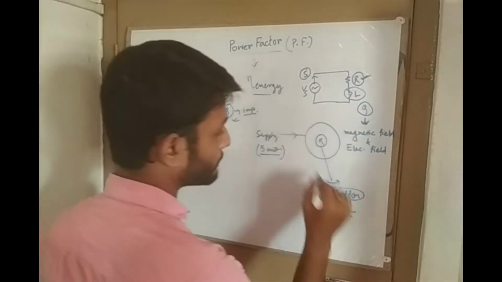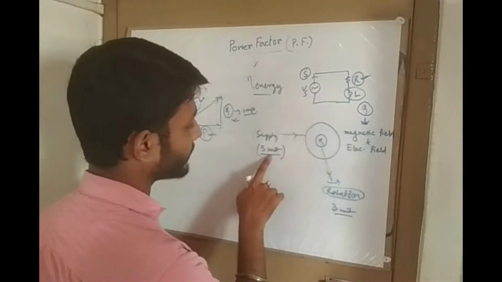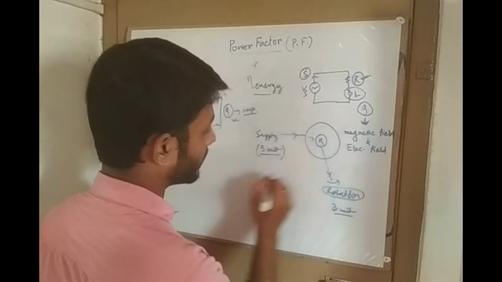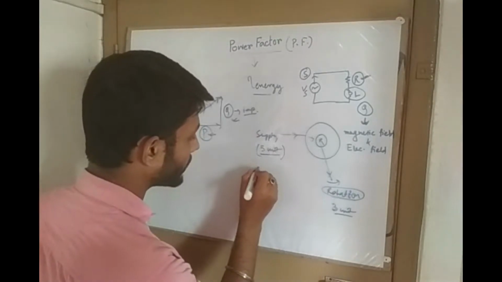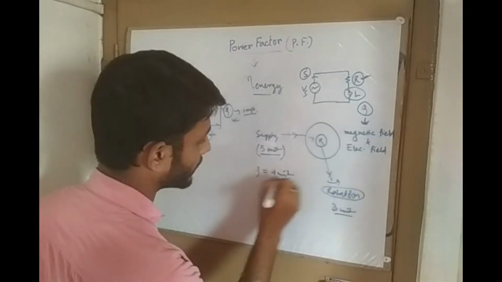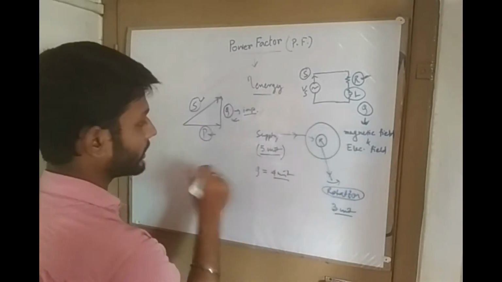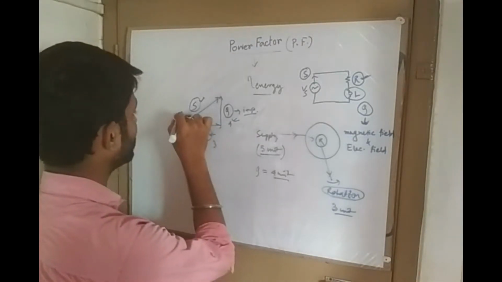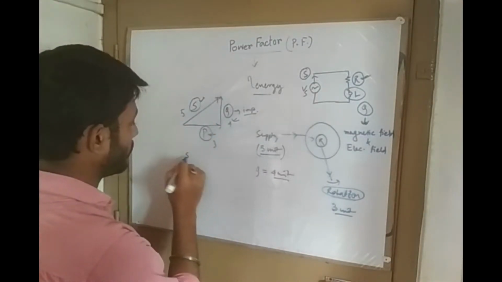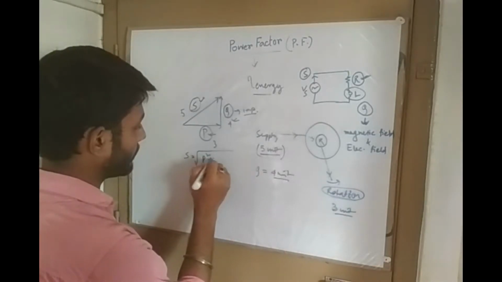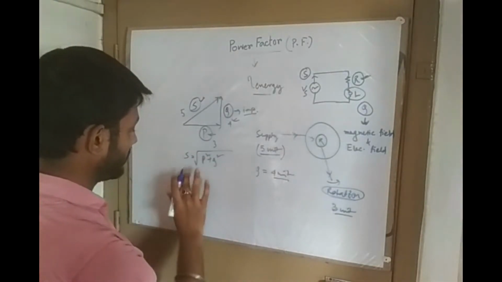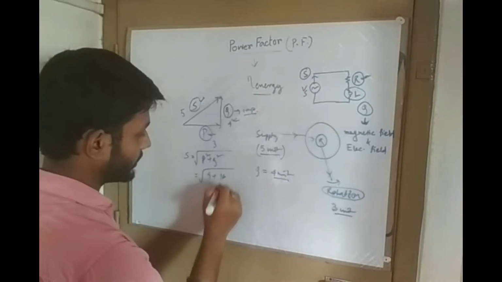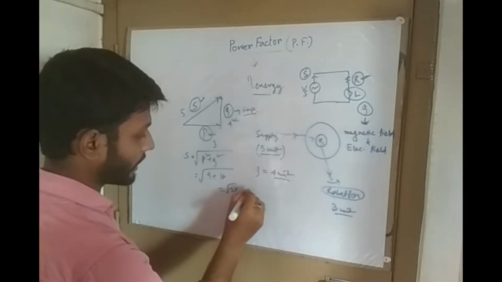So to achieve this P, we are giving supply S 5 unit and achieving 3 unit. So in the magnetic part, the amount of power used in terms of Q is 4 unit, from this power triangle. See, P is 3, Q is 4, and this is 5, so we know S equals root over of P square plus Q square. So P is 3, so 9 plus 16, root over 25 equals 5.